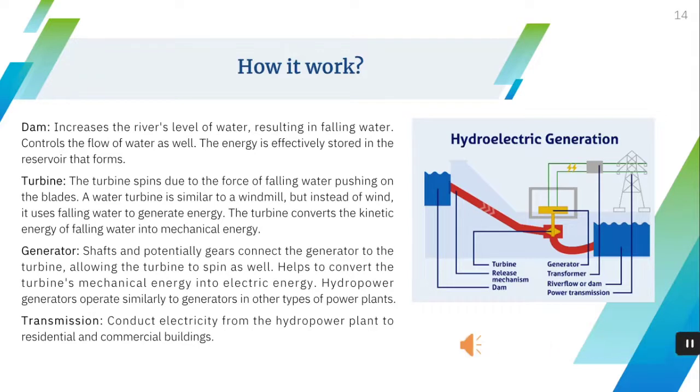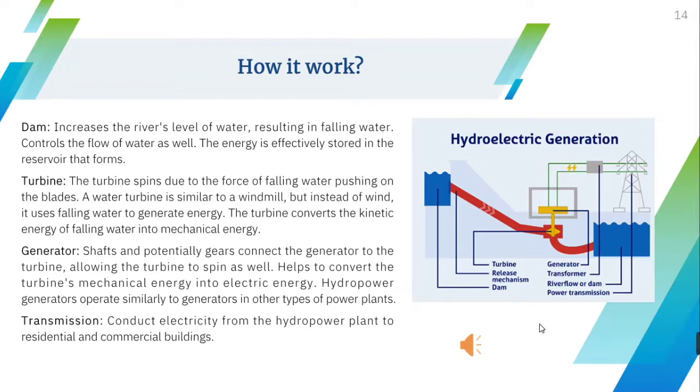These hydroelectricity plants work by these essential components, beginning with the dam. This component increases the reserve level of water, resulting in falling water, and controls the flow of the water as well. In addition, the energy is effectively stored in the reservoir that forms.